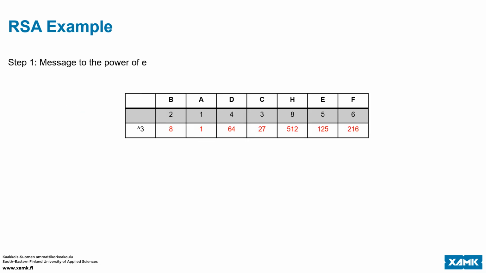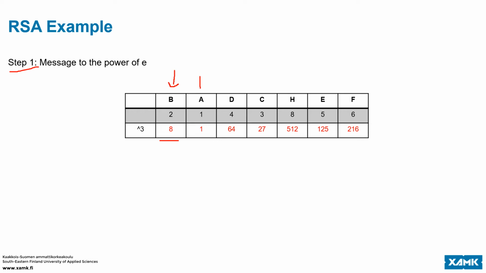To encrypt our data, we simply follow the encryption algorithm. So step 1 of the encryption algorithm is to raise the message to the power of e. So for the letter B, which has the numeric equivalent of 2, 2 to the power of 3 is 8.